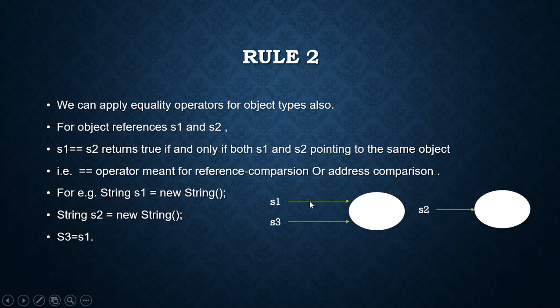If I compare s1 equal to s2, the addresses of both objects are different. But after creating the reference s3 to s1, both are pointing to the same address, so the comparison will return true.